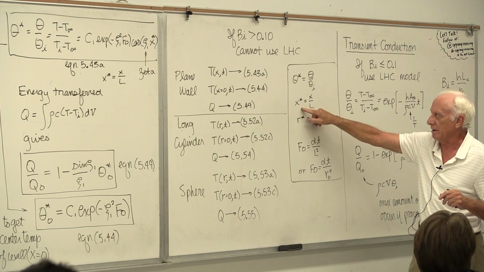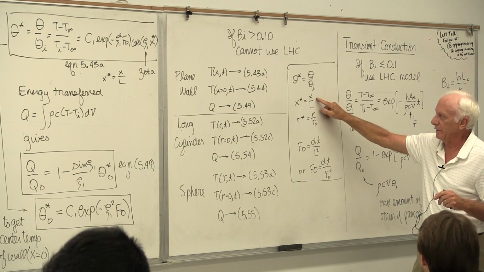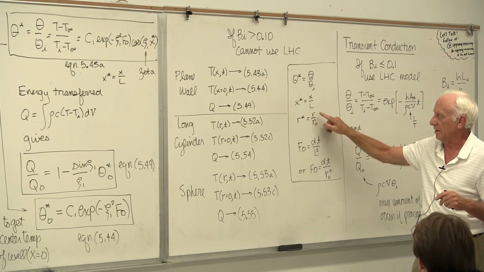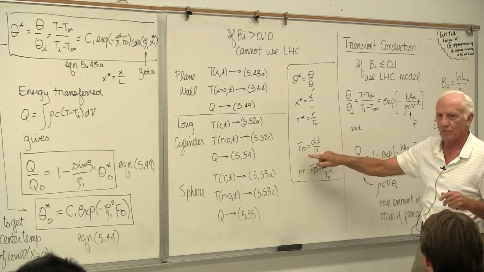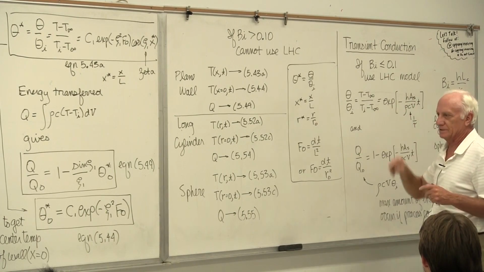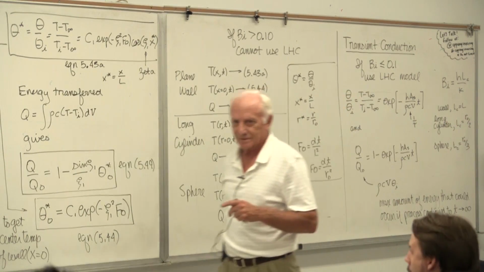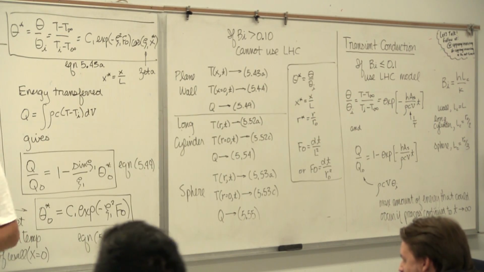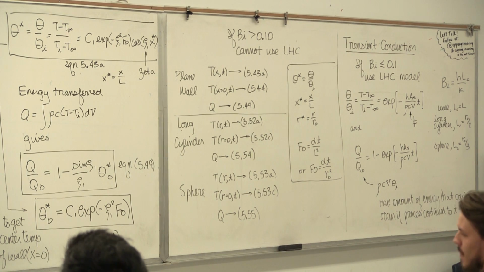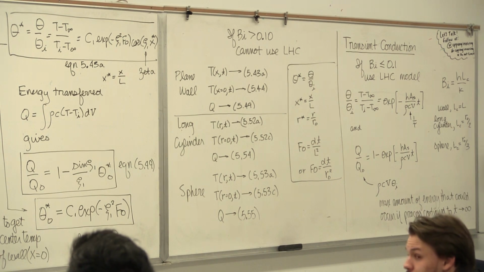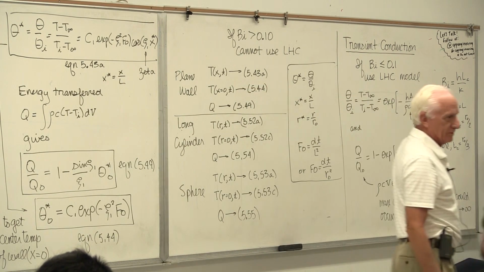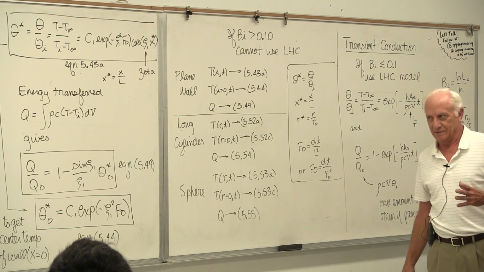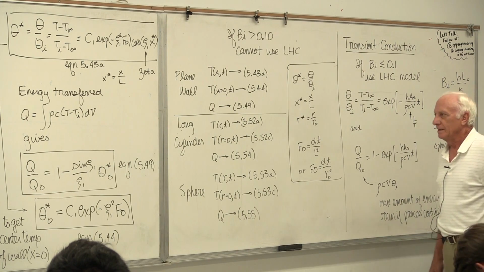X star, X over L, it's dimensionless. R star, R over R naught, it's dimensionless. The Fourier number is dimensionless. The Biot number is dimensionless. As I said before, we engineers love dimensionless numbers. Yeah, it makes life simple. What does X star go from? 0 to 1. What does R star go from? 0 to 1. That's why we like it.